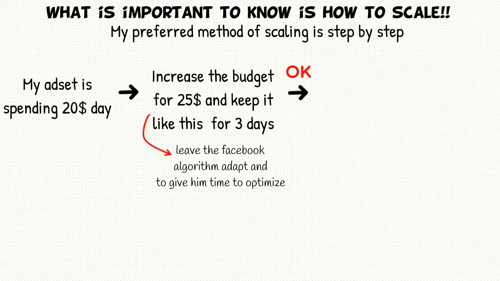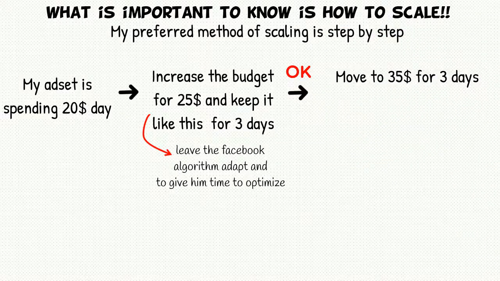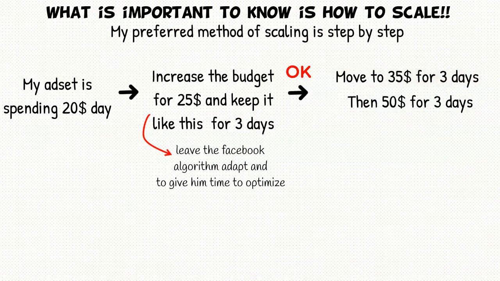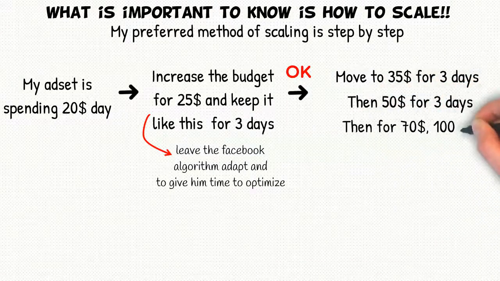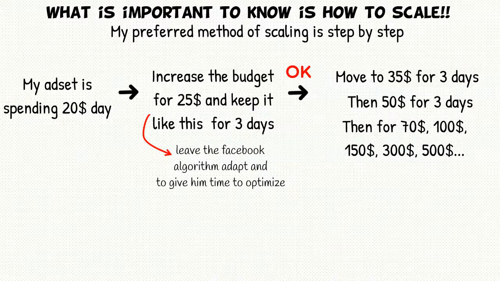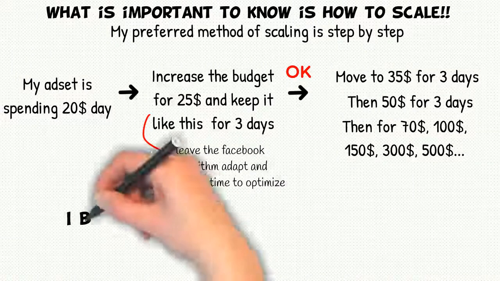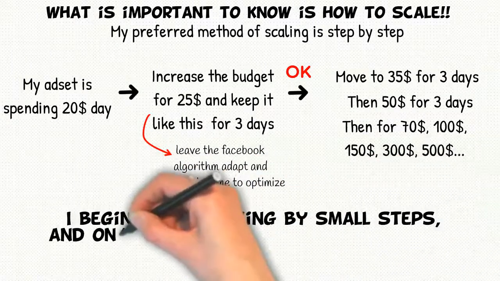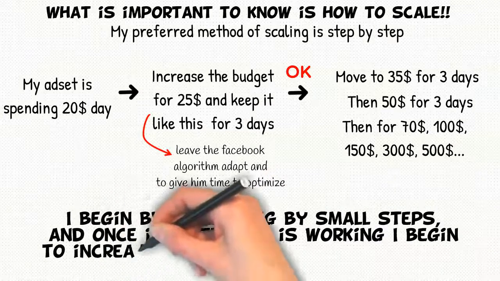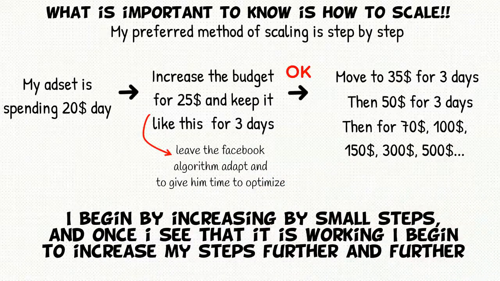If everything is still okay, I would move to $35 for 3 days and then to $50, then to $70, and then $100, and then $150, $300, then $500. I begin by increasing by small steps, and once I see that it's working, I begin to increase my steps further and further.